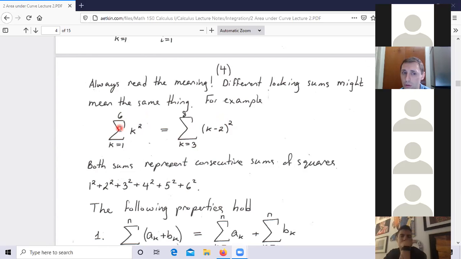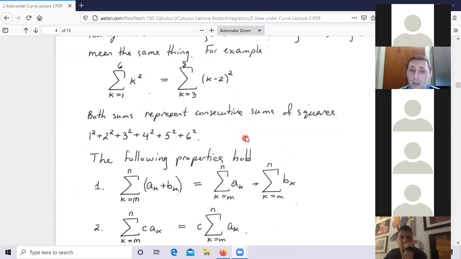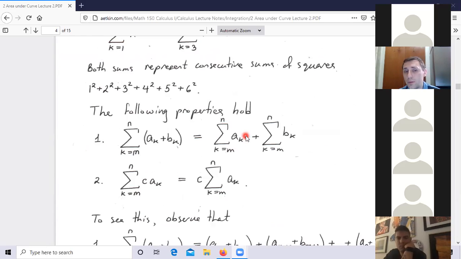You understand? Even though they look different, those two expressions mean exactly the same thing. Both sums represent 1 squared plus 2 squared plus 3 squared plus 4 squared plus 5 squared plus 6 squared.